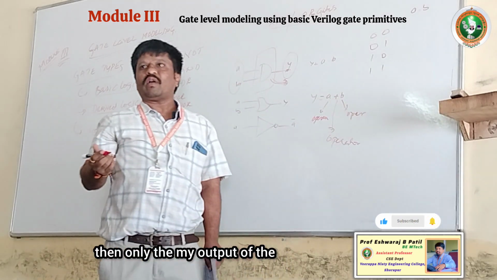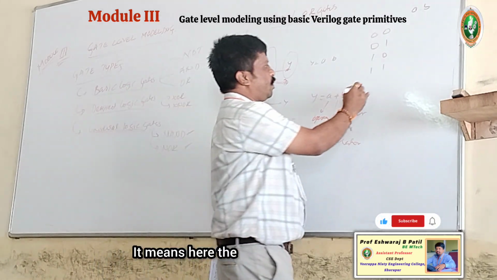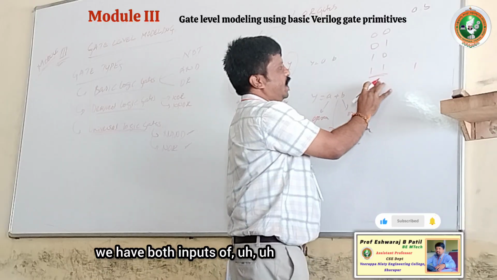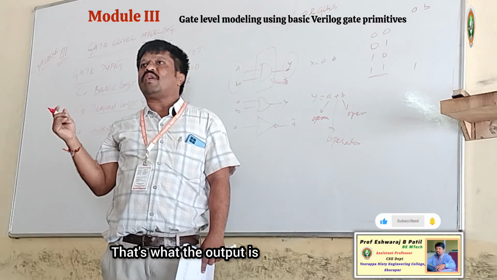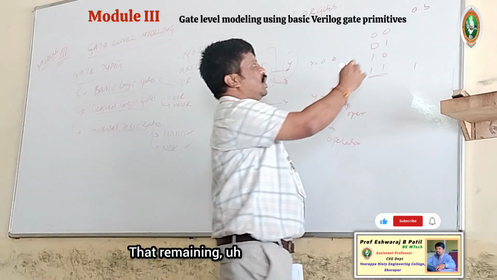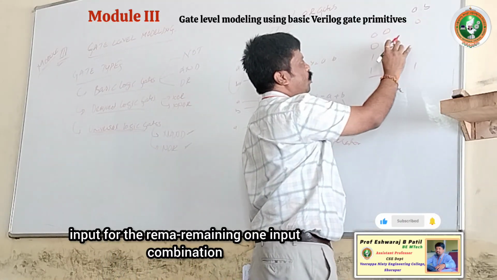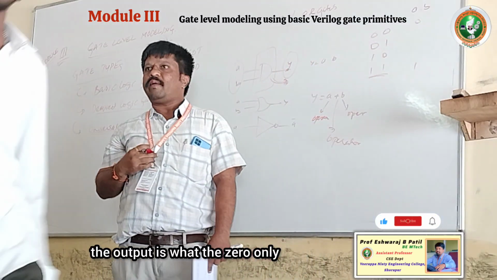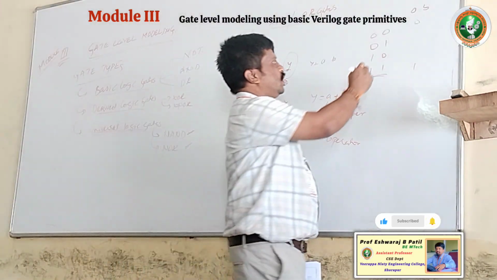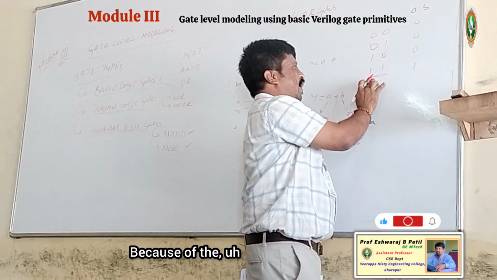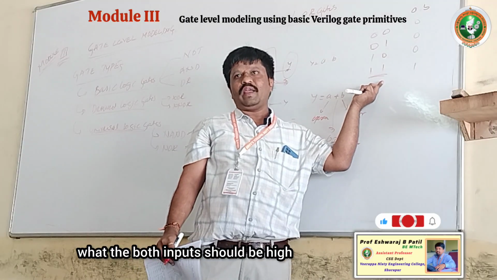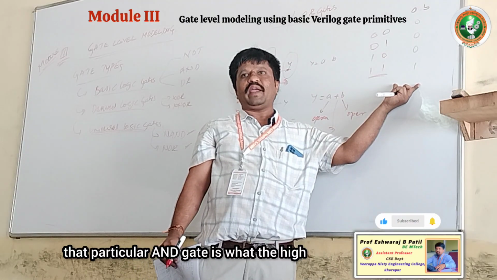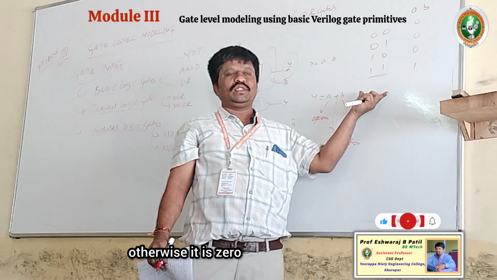Only for input 1 1 is the output 1. For the remaining input combinations, the output is 0, because the condition for the AND operation is that both inputs should be high, otherwise it is 0.